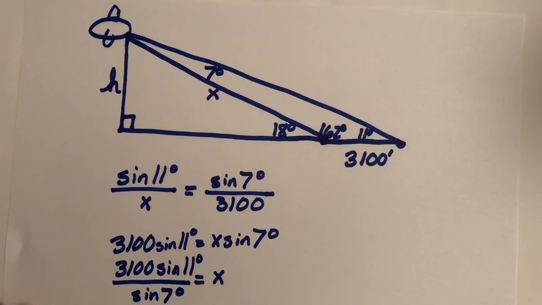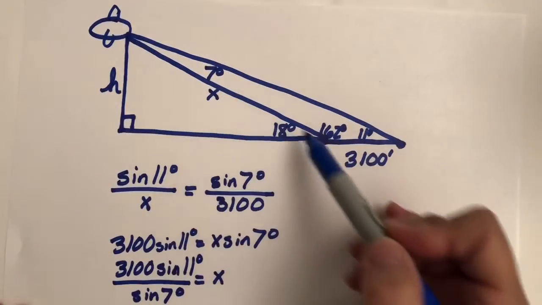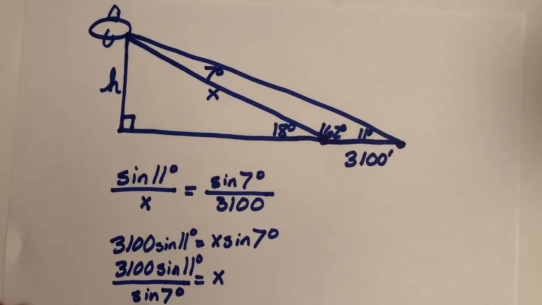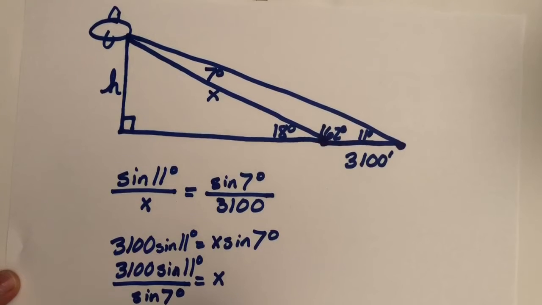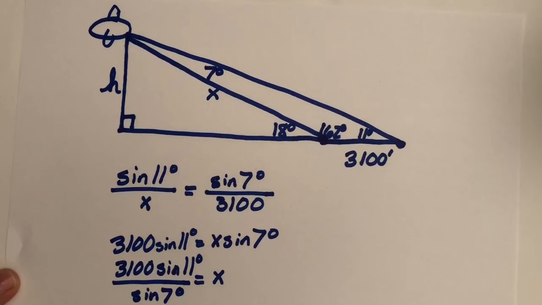And then we can use our calculator to figure out the value for X, or the approximate value. We do have the value right here. That's its exact value. If we punch it into our calculator, we'll get X is approximately 4,853.62 feet, approximately.